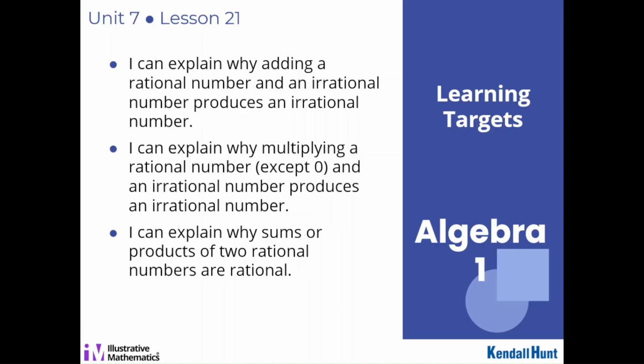And learning target number 3 says that you can explain why sums or products of two rational numbers are going to be rational. Think about it this way. If I am adding two rational numbers, then I am adding two things that can be written as fractions.